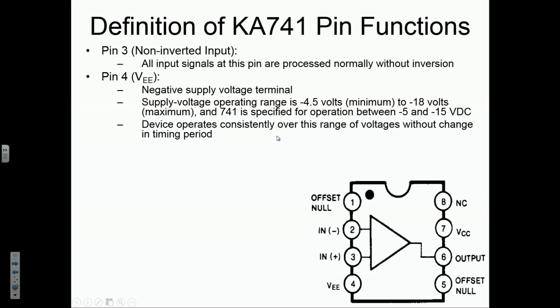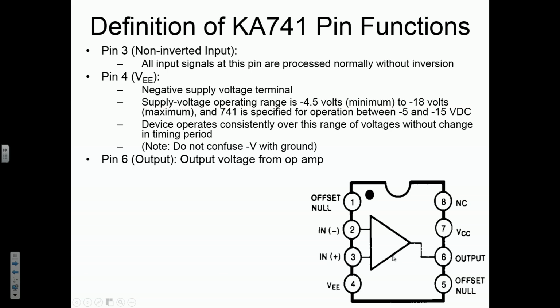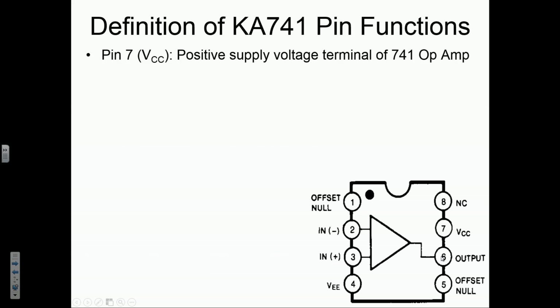The device operates consistently over this range of voltages without change in its timing period. Okay, now bear in mind, don't confuse the negative power supply voltage with the ground. Pin 6 is the output. The output voltage from the op amp, we already talked about that.